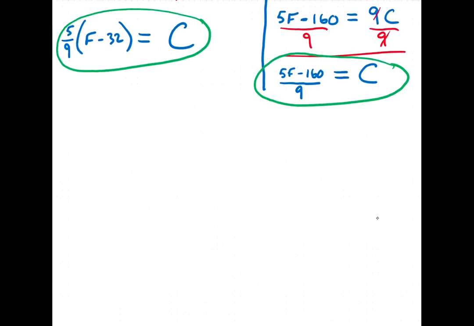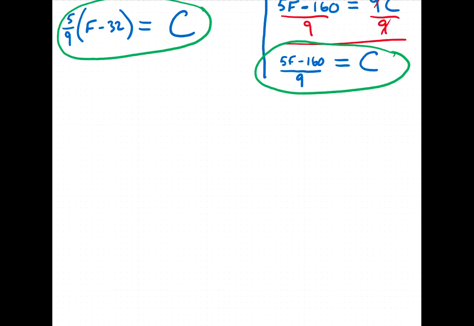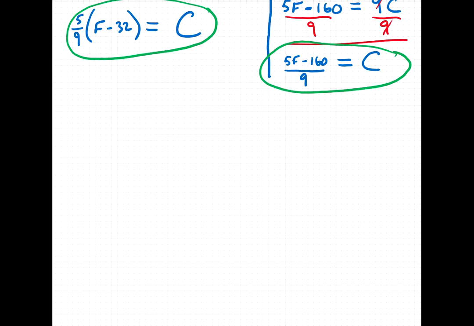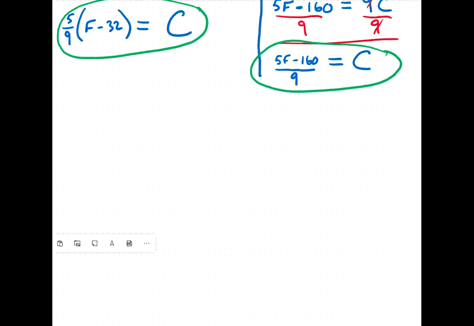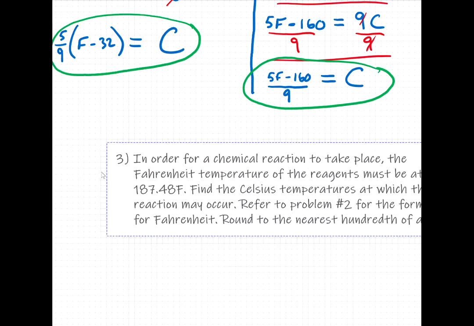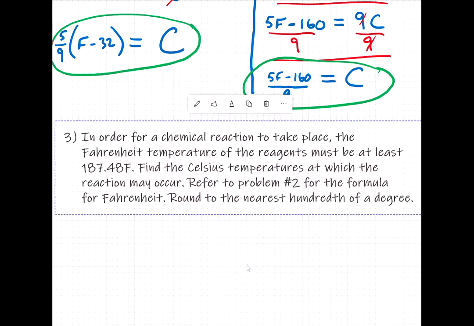All right, so let's do one more problem, and it'll be a continuation of problem 2. So I'm going to go ahead and leave the answer up there. Let's bring this number 3 over.